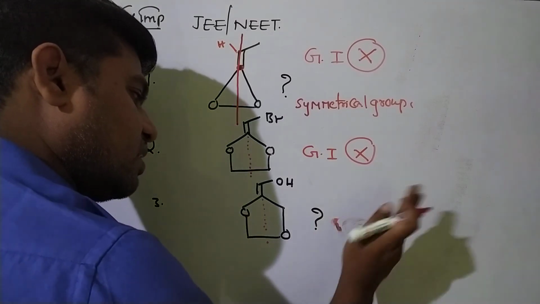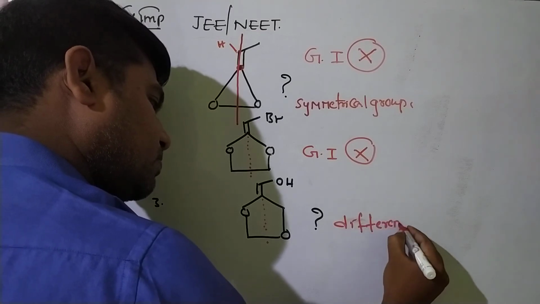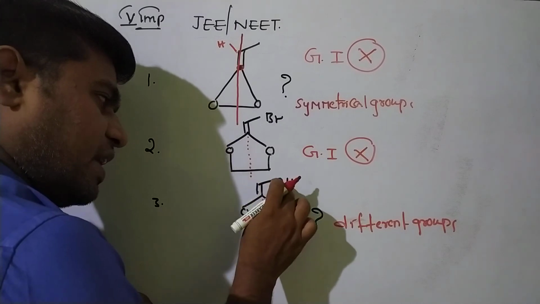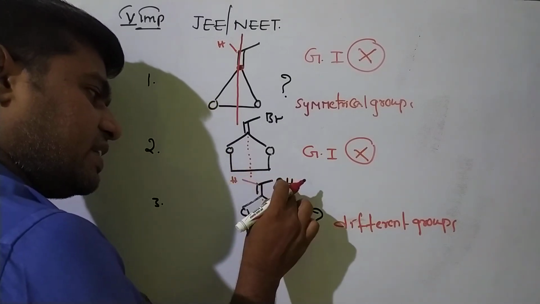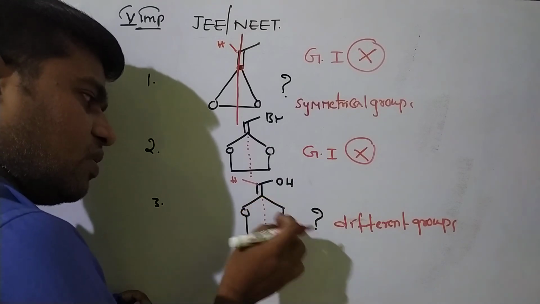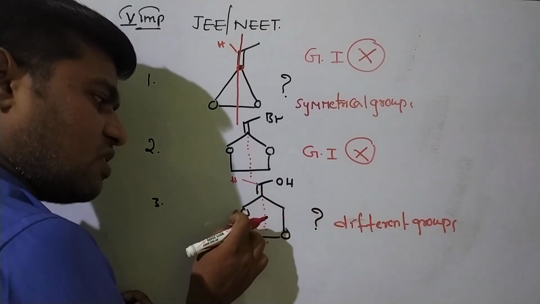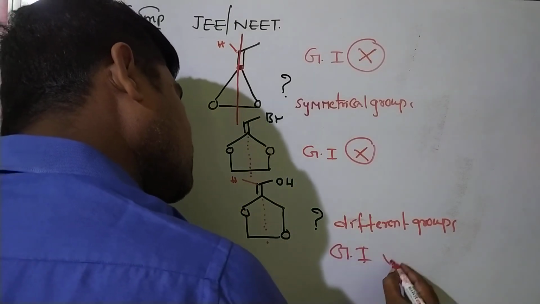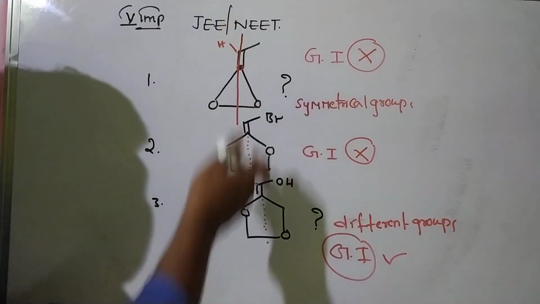Unsymmetrical means different groups are there, and in this case also different groups. This is OH, here a hydrogen atom is there. These two groups are different, and this side also, with respect to the double bond carbon, different: CH2 and oxygen. So this will show geometrical isomerism. Wonderful examples. So please try to understand what I am saying. Please note.